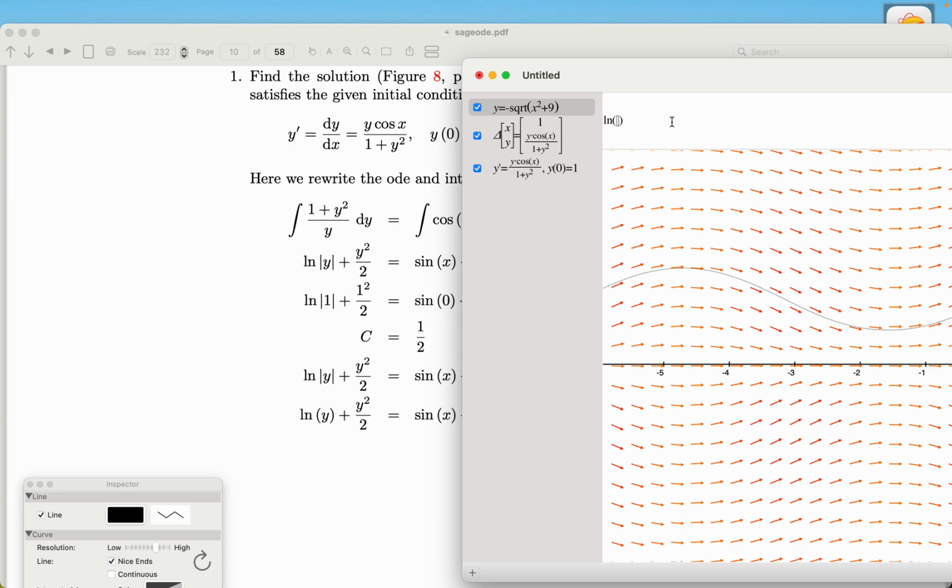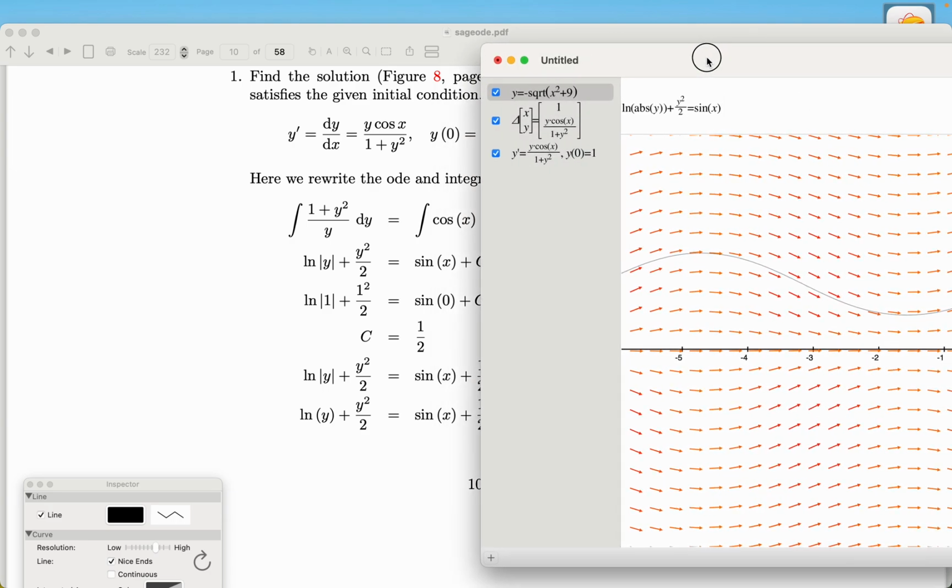If you want, you can type the absolute value in, ABS of y, because that's what I did in my notes. And then plus y squared divided by 2. That equals a sine of x, and I've got to look back over here, plus 1/2.